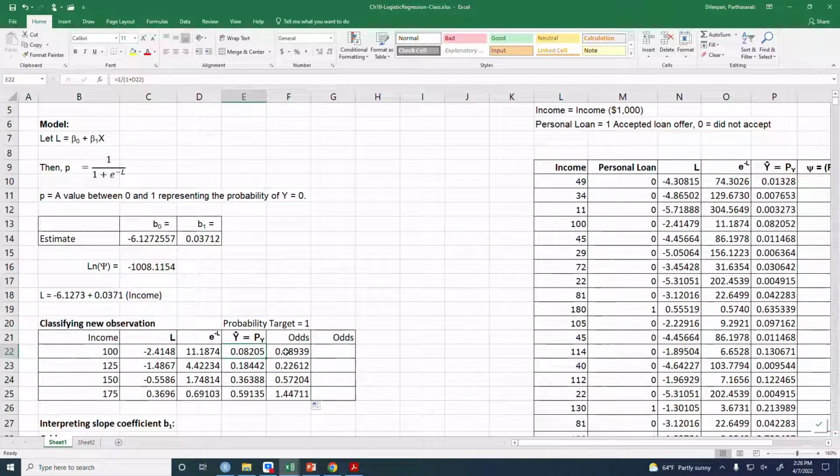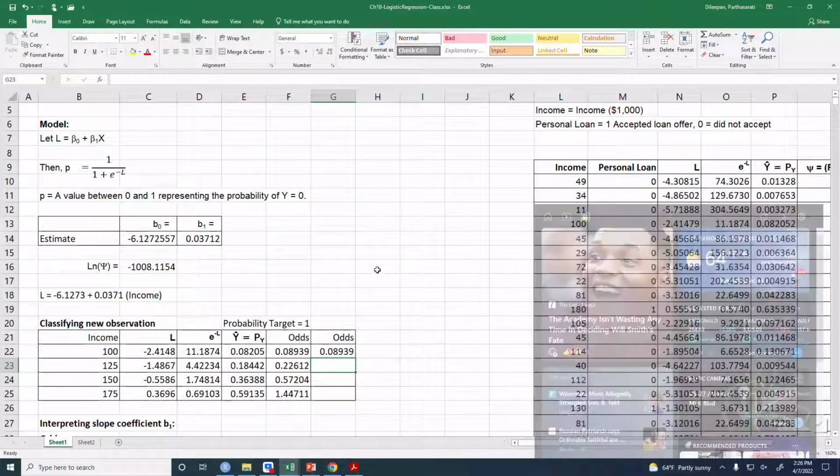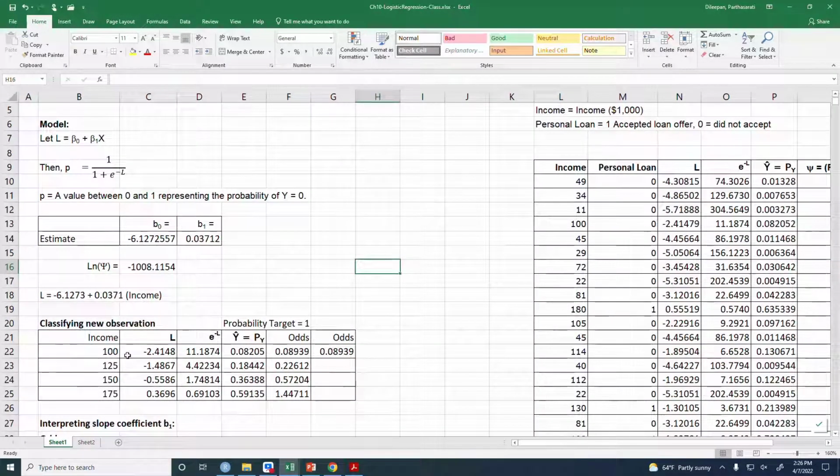So we computed these directly from the probability, right? Now you see, when you do the exponential of L, e to the power of L, it gives you odds as well.